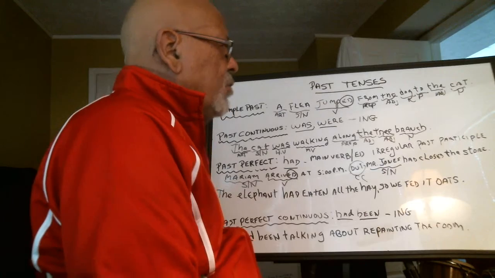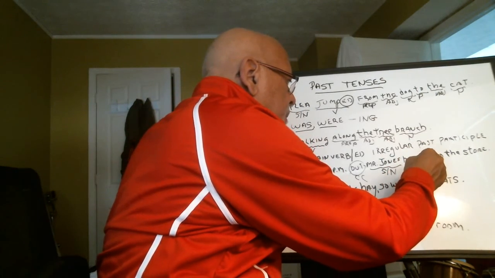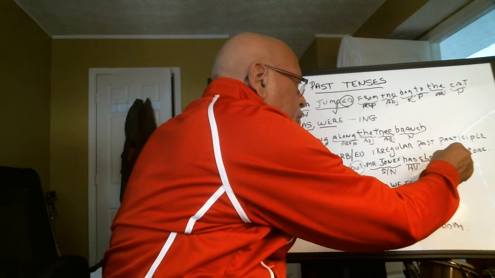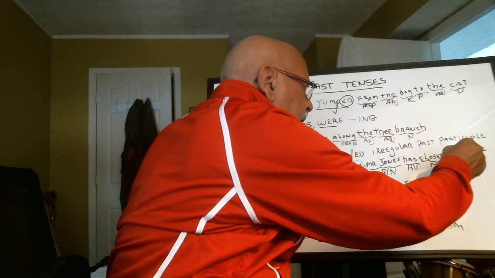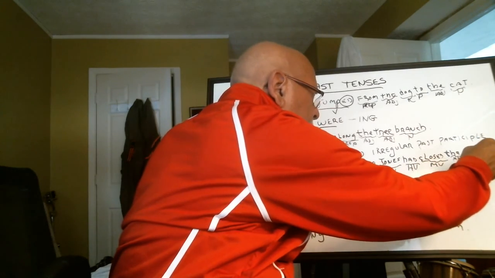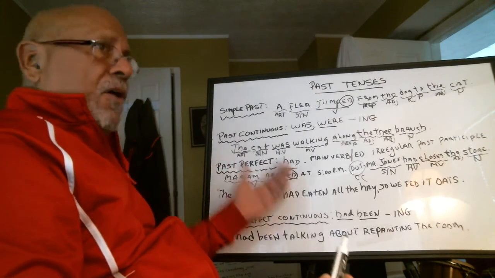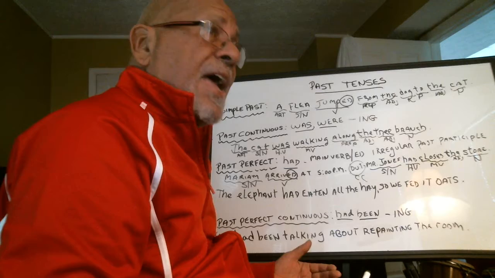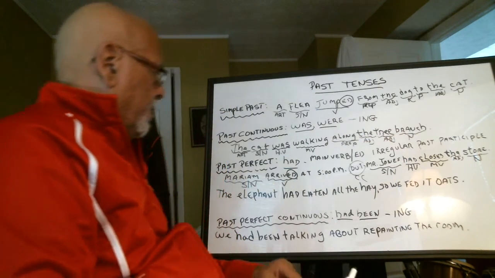But Mr. Jones had, helping verb, closed, regular verb, main verb, the, adjective, store, noun. So we have two actions. Miriam arrived. Second action, Mr. Jones had closed the store.